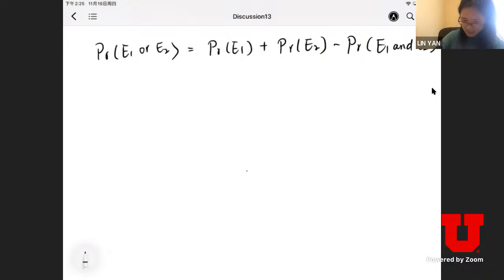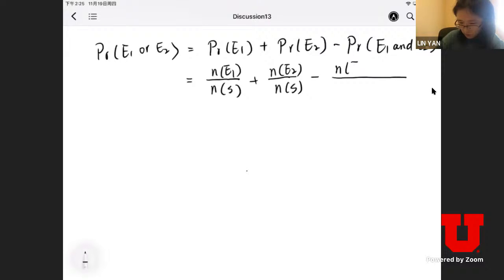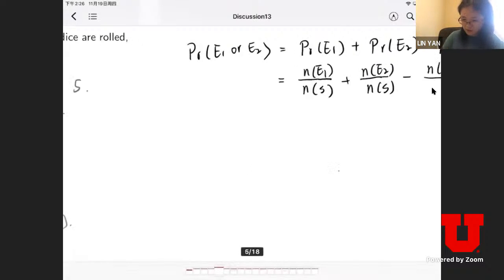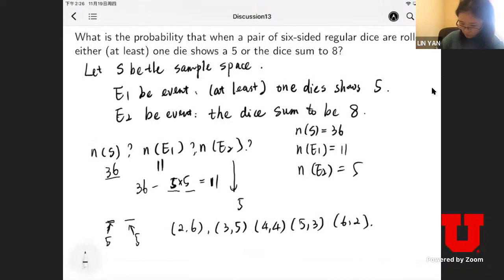So, which is equal to N(E1) over N(S) plus N(E2) over N(S) minus N(E1 and E2) over N(S). So we still need to decide what is N(E1 and E2).